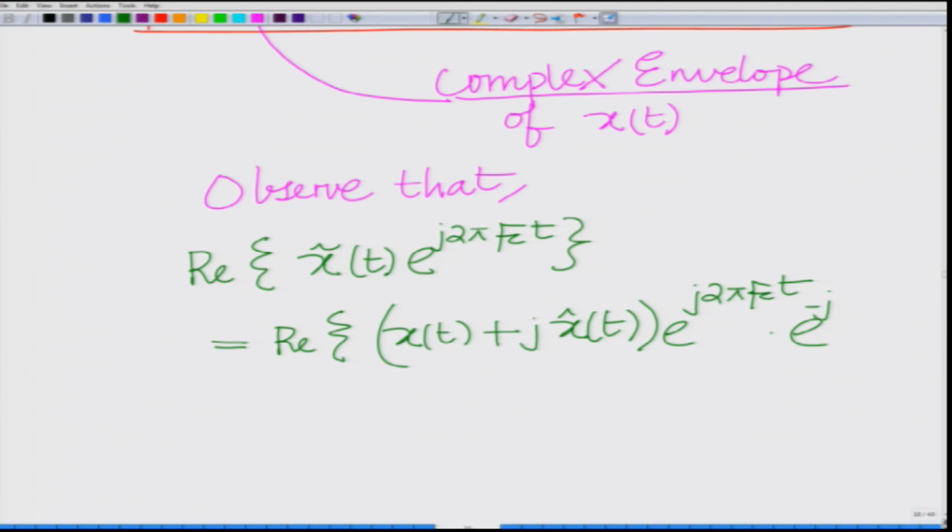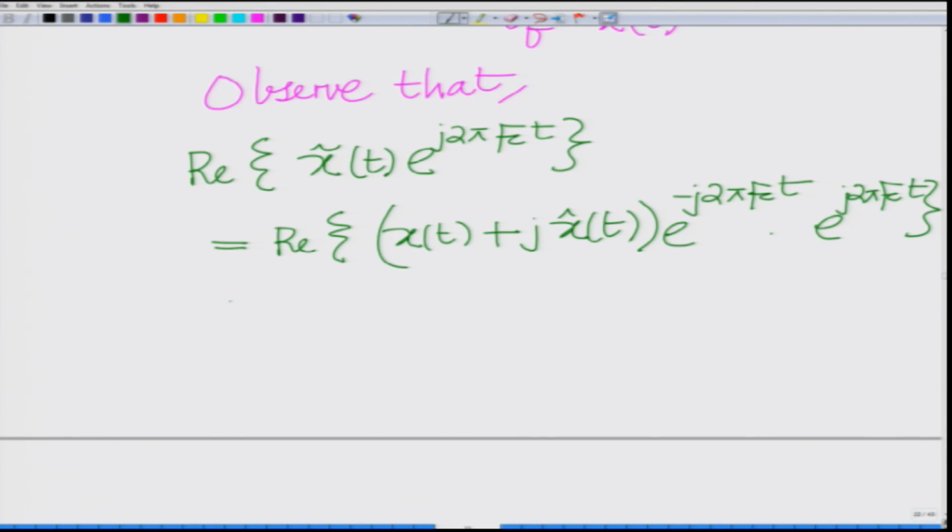Into e to the power of minus j 2 pi f c t, that is x t plus j x hat t into e to the power of minus j 2 pi f c t into e to the power of j 2 pi f c t. This e to the power of minus j 2 pi f c t and e to the power of j 2 pi f c t cancel.